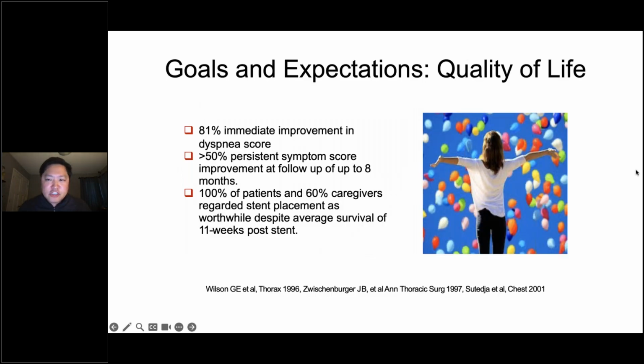So goals and expectations, quality of life. Most patients that we intervene on, whether it's a transplant patient or a cancer patient, if they get benefit from this procedure, they are happy that they underwent the procedure.